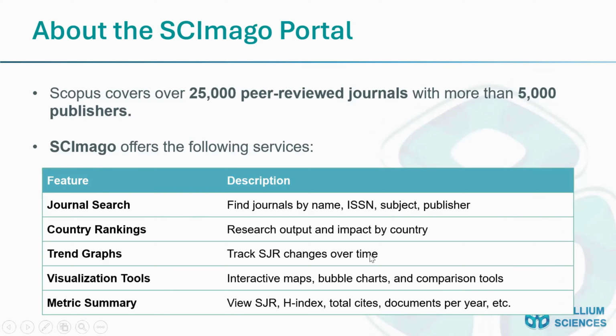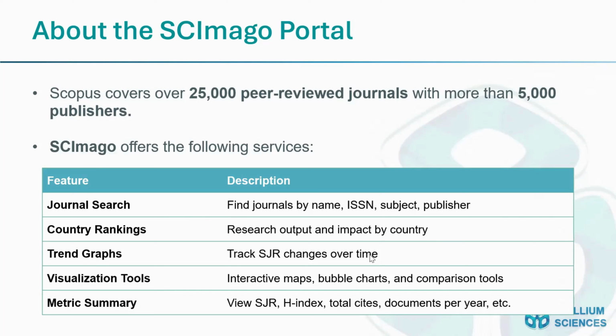You can find a journal by its name, its ISSN, subject, or even publisher. But as we mentioned, it has to be in Scopus. The other feature is country ranking, which is a unique feature: research output and impact is available by country, not only by journal.